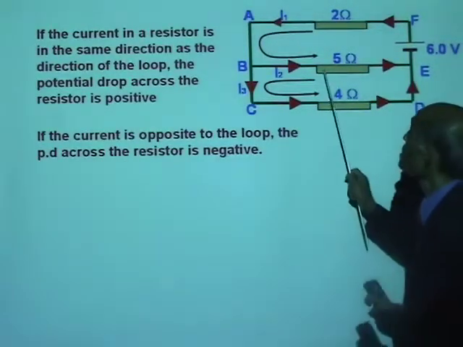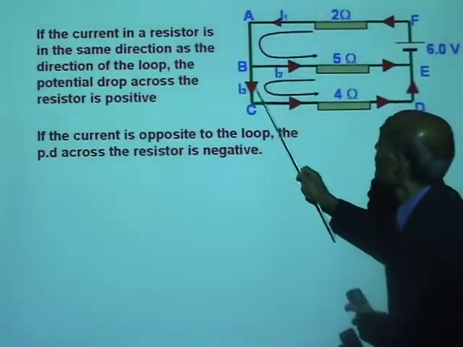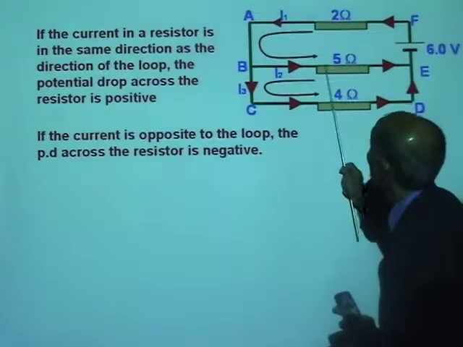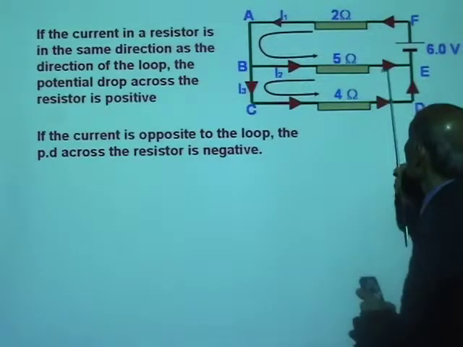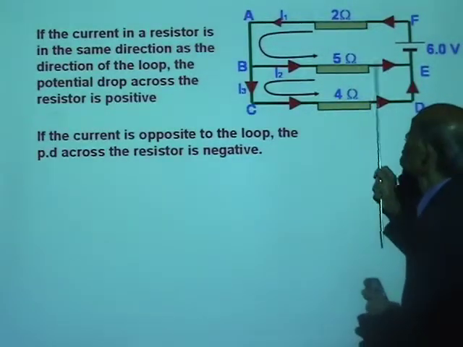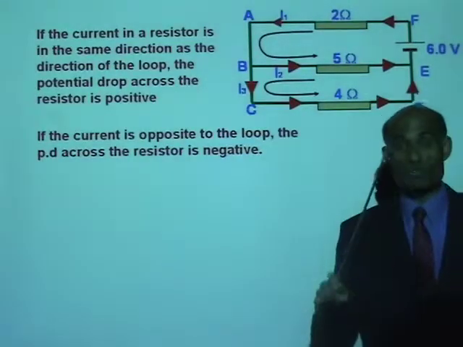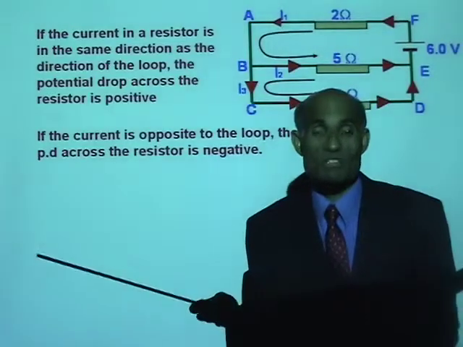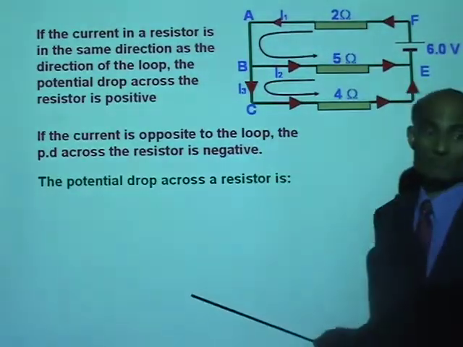But the potential drop across the 5 ohm is negative because the direction of the loop, what my pointer is showing, is opposite to the direction of the current I2. So the potential drop across the 5 ohm is negative. You've got to understand that very well. When does a potential drop become positive and when does it become negative?